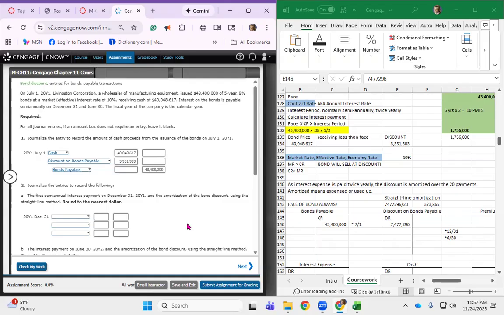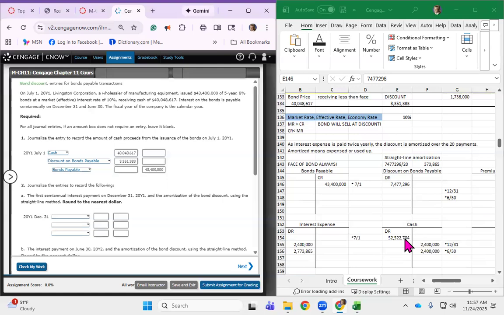So we've just raised basically $40,048,617 for our business to hopefully grow. So now let me go to my cash account and put my bond price in here. So that is the journal entry that gets things started for this bond financial effort we're making here.